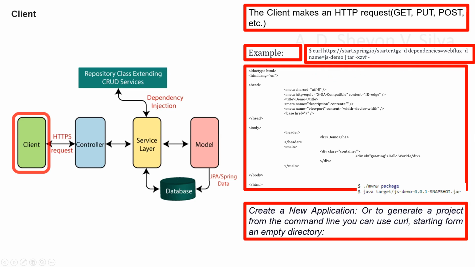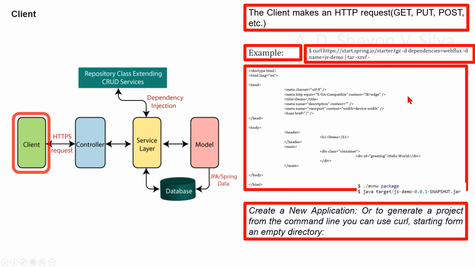To get started with Spring Boot and client-side development, let's start at the beginning with an empty app from Spring Initializr. You can go to the website and download the project with web dependencies, select WebFlux or WebMVC, and open it up in your IDE. Or to generate a project from the command line, you can use curl starting from an empty directory.